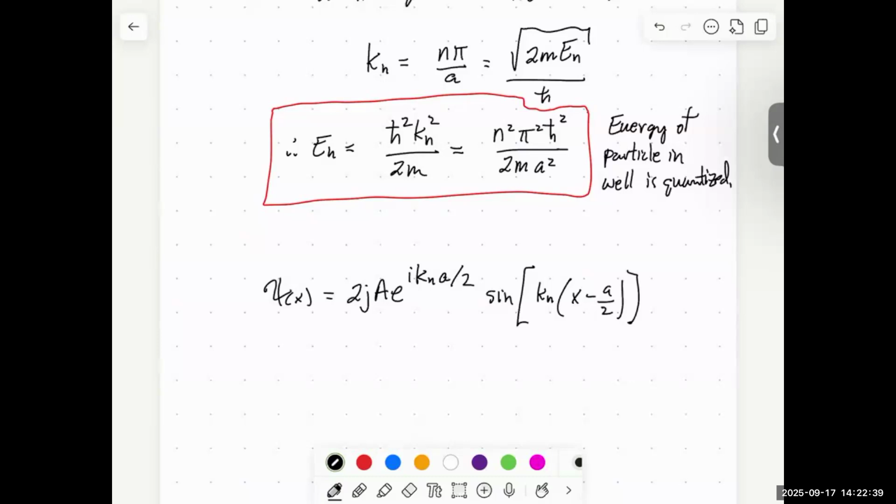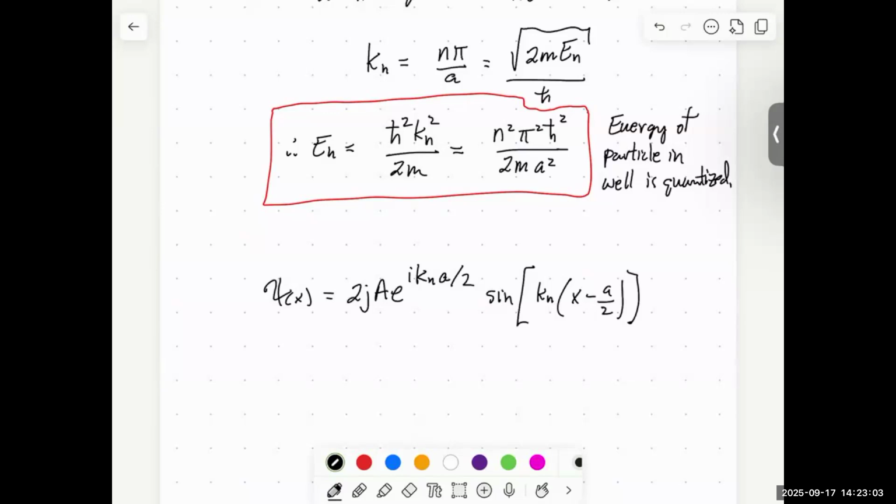Now, in quantum mechanics, everything that we could measure is going to be related to the absolute square of our states. And when we do that absolute square of the states, this e to the i times some constants is always going to cancel. So this has no physical significance.